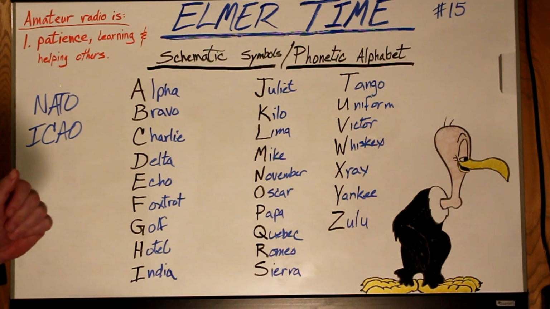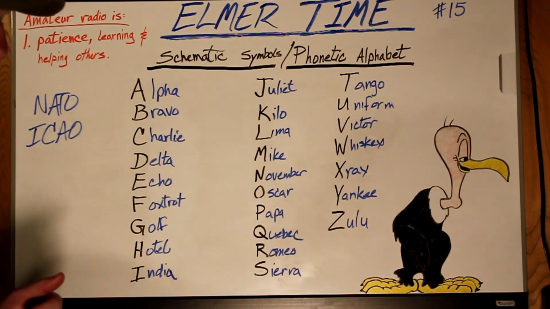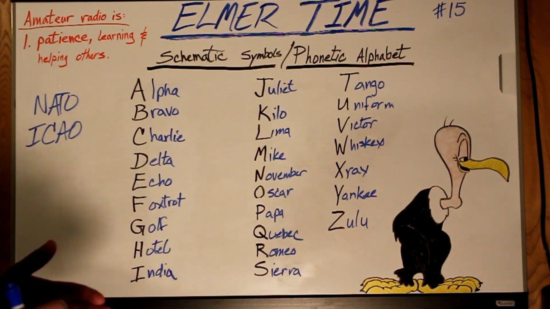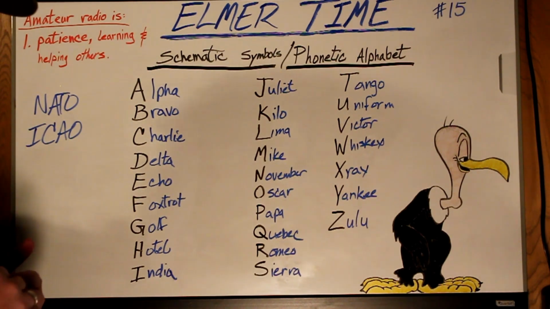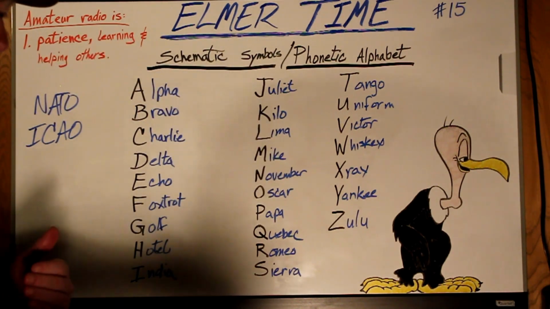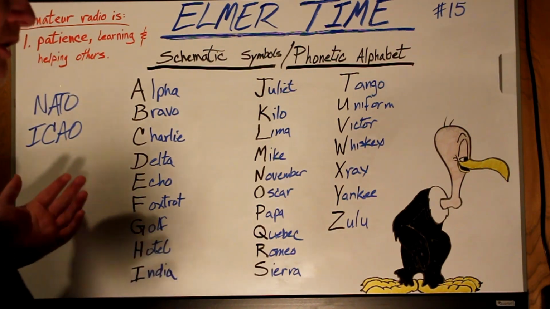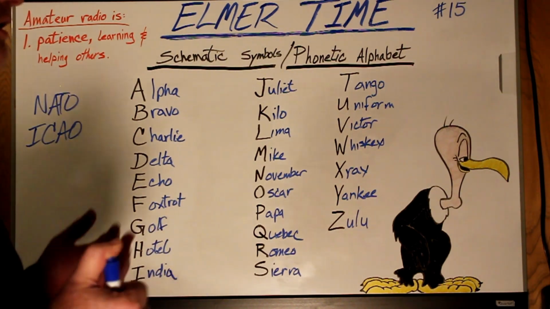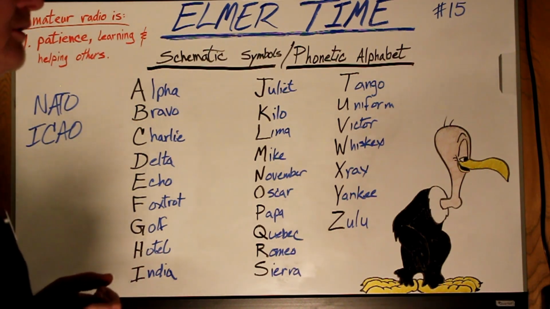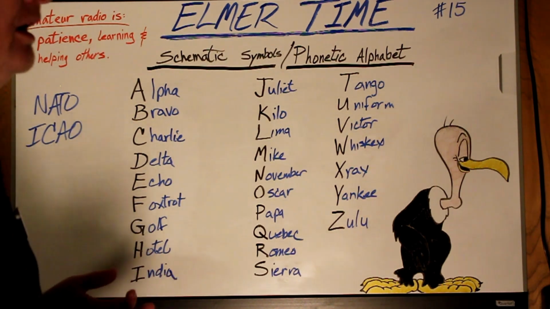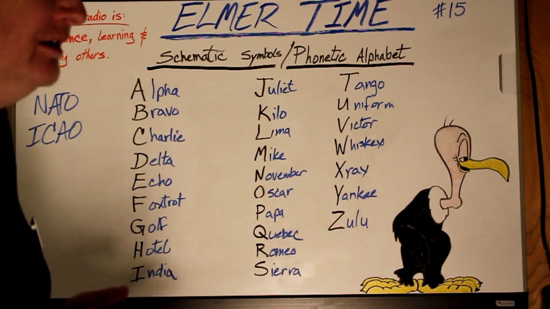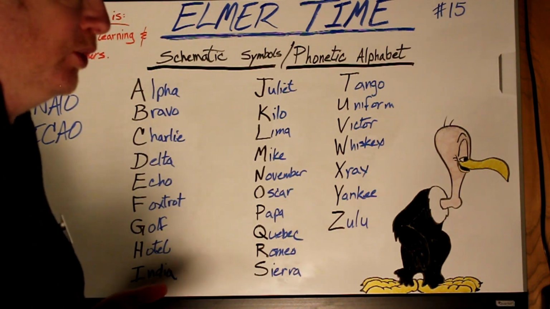And whether it's your call sign, whether you're trying to relay some sort of information over a very great distance over the air, these are the letters you use. You don't use something silly like cheeseburger, gravy, limousine, just random words.